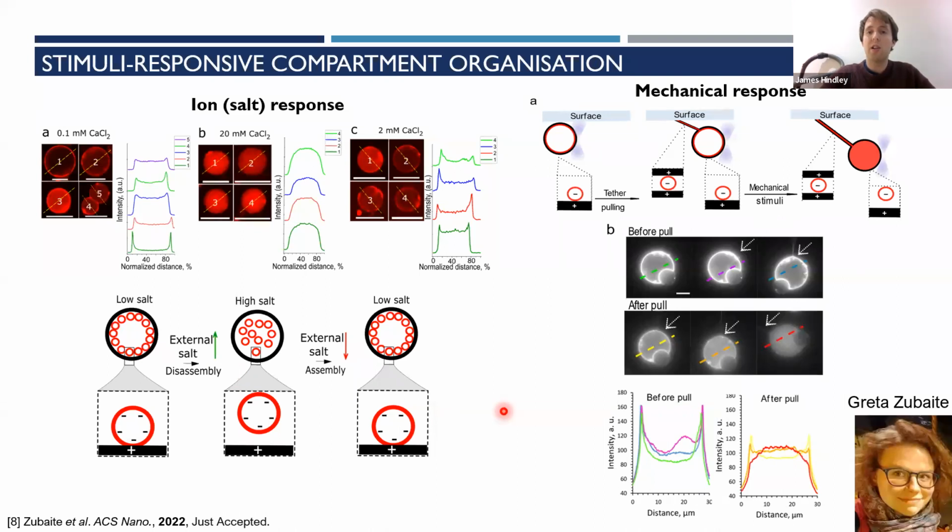The second is that we wanted to see if these had any mechano-responsive behavior. To do this, we tethered a vesicle to a surface, and then used an optical trap, a laser, to effectively pick up the vesicle and pull it from the surface.